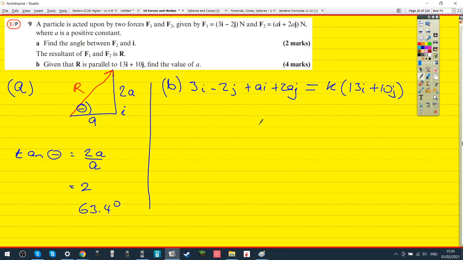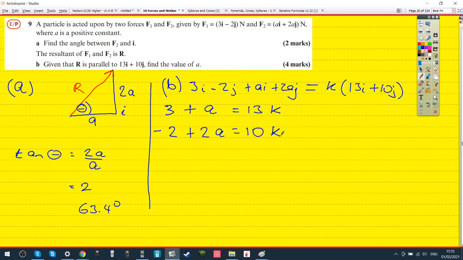And so now, should I break it down and separate the i's and the j's? Mm-hmm. So should I do something like 3i? And we can leave out the i. Yeah, just 3 plus a equals 13k. And then for the j, we do -2 plus 2a equals 10k.